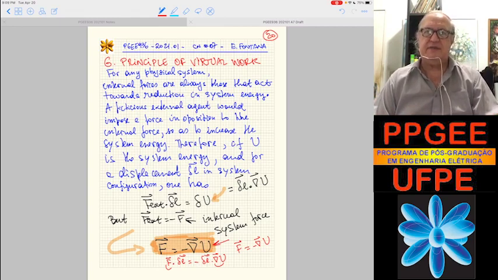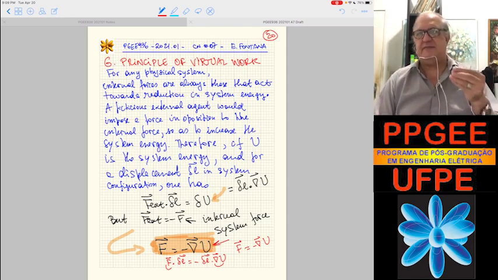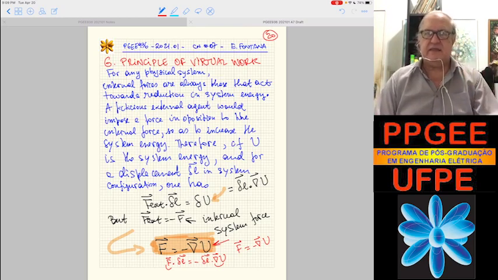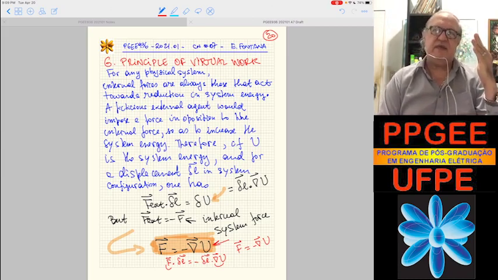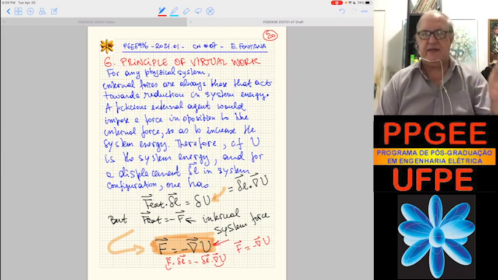We imagine that the system itself makes a small displacement of the configuration. This displacement is represented by this differential displacement. Imagine the external agent would apply a force against that, so the force of the agent would increase the energy. So we have that relation.